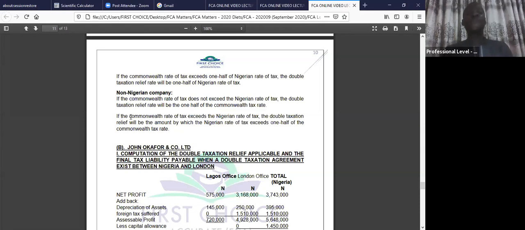But if it is greater than the Nigerian tax rate, then what you will do is look for the Nigerian tax rate minus half of the Commonwealth tax rate.